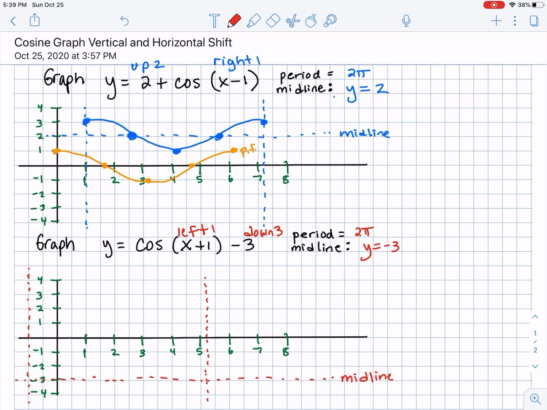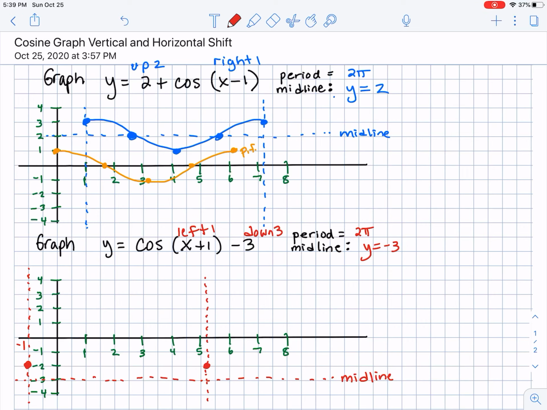So if I am normally at 0, 1, and I move left 1, and then down 3, I am at negative 1, negative 2. Okay, and that would also indicate that my other maximum is going to be here at 5.28 and negative 2.